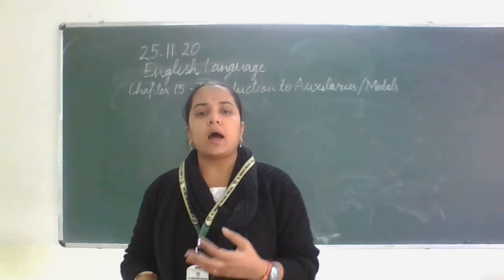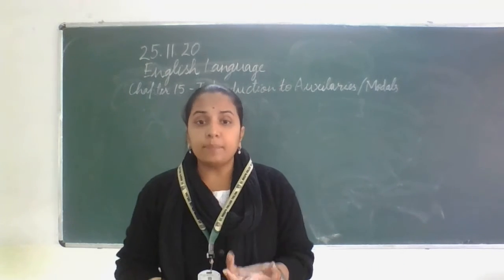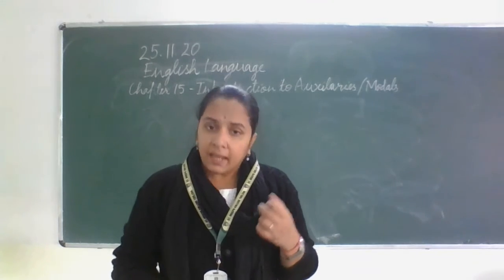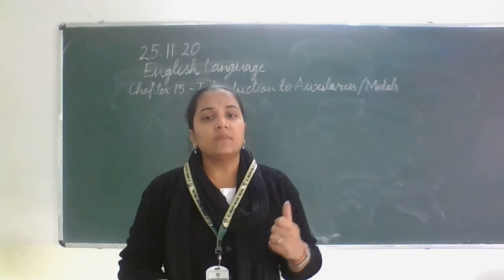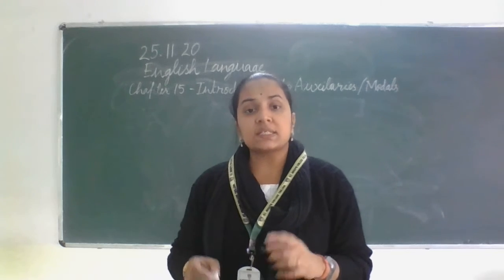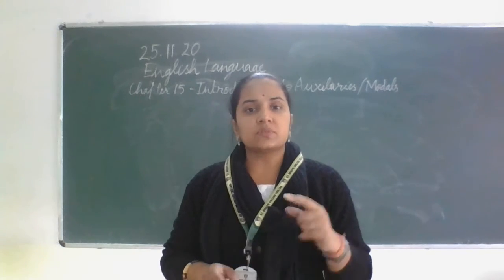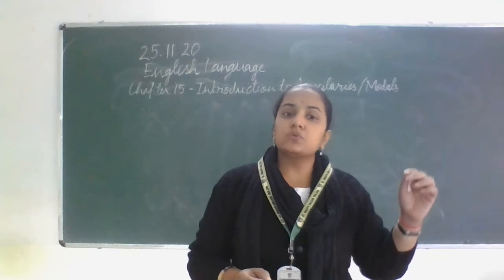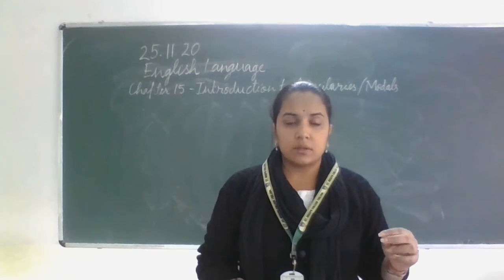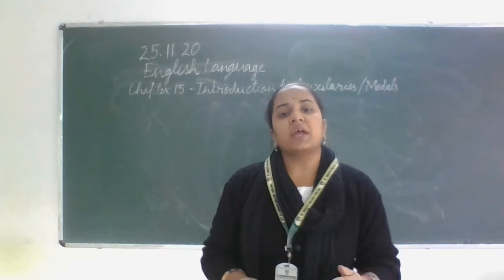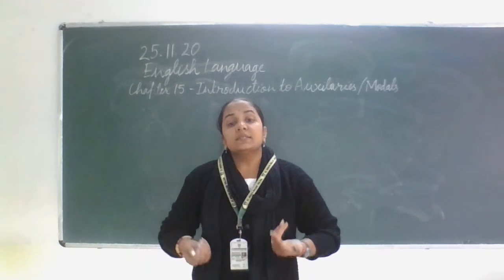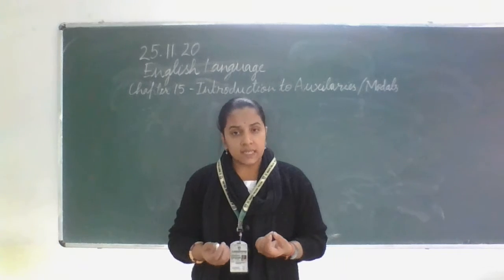Auxiliary verbs are basically the helping verbs, in very simple language. Where we were discussing the tenses, I told you a number of times this is the helping verb, and this particular helping verb will be used with this particular subject. So, the use of the helping verb in the sentence depends on the subject of the sentence.